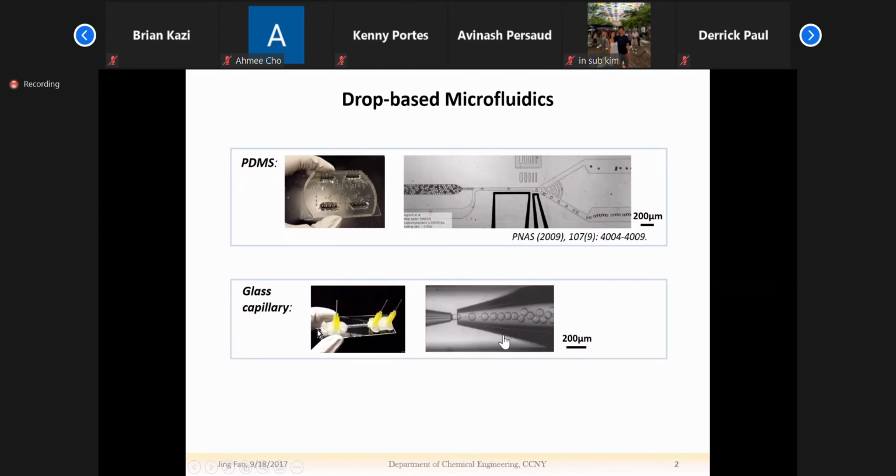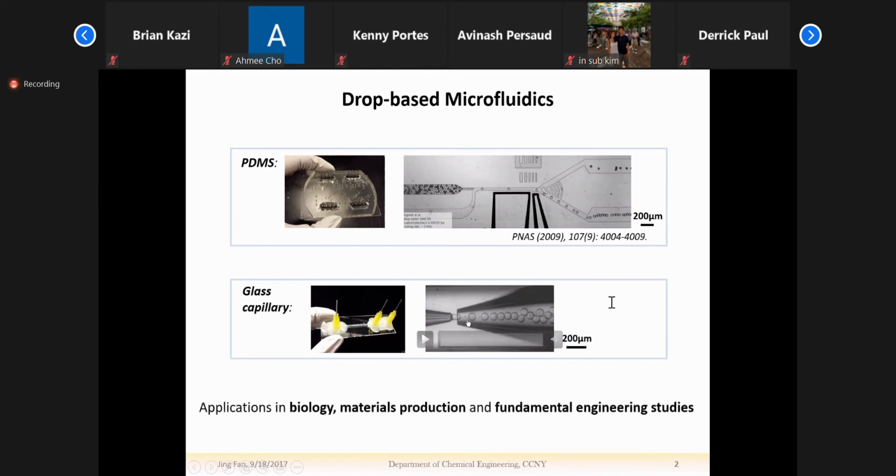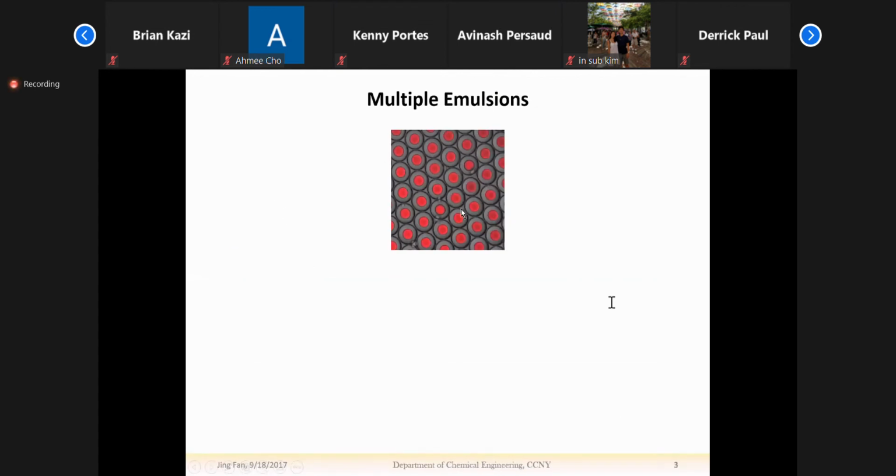One of the capillaries will be the outlet, and these will be inlets. For double emulsions, we need three phases. The inner phase, and next slide, you can see a nice picture of double emulsion droplets, meaning each droplet has two layers.